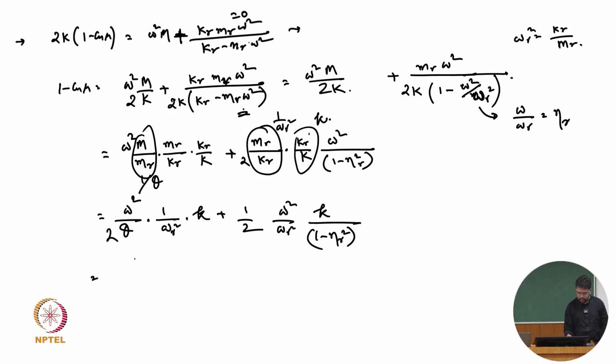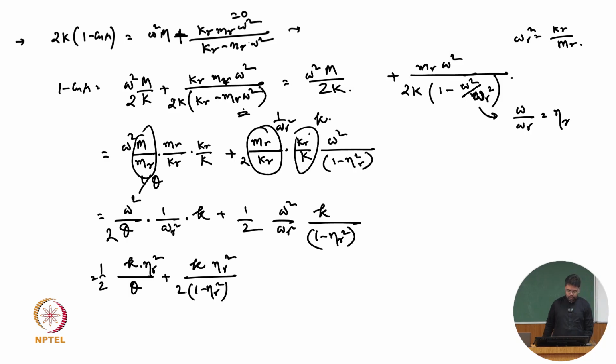Okay, so what can I get? 1 by 2 kappa divided by eta_r square into theta plus kappa. So this thing comes.